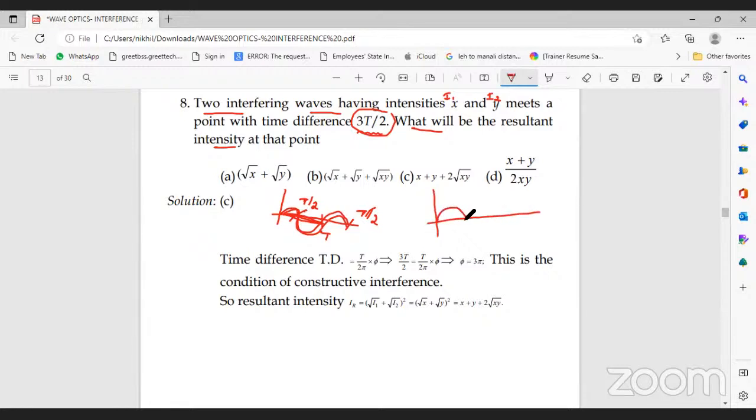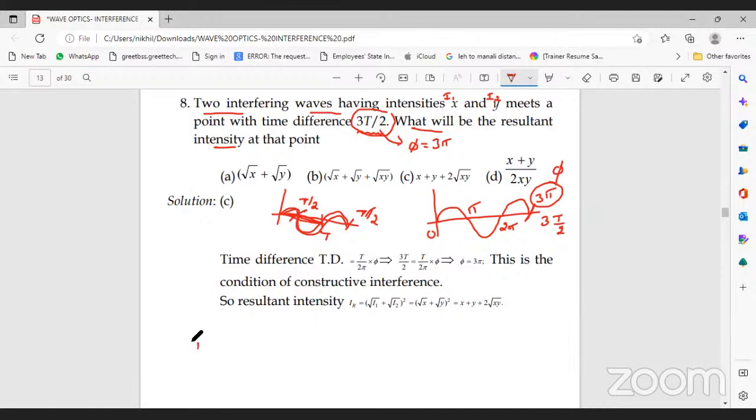This is T by 2, this is T by 2, this is T by 2, so the total value will be 3T by 2. So this is 0, this is pi, this is 2 pi, this is 3 pi. What is the corresponding phase angle for 3T by 2? 3 pi. So for this time difference, phase is 3 pi.